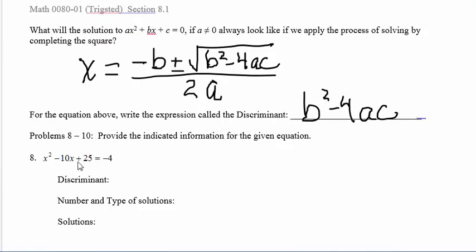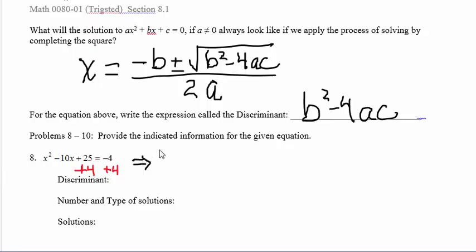So first of all, I can't find the discriminant until I have a 0 on one side of my equation. So here, I want to add 4 to both sides of the equation. And that will give me a 0 on one side of the equation.